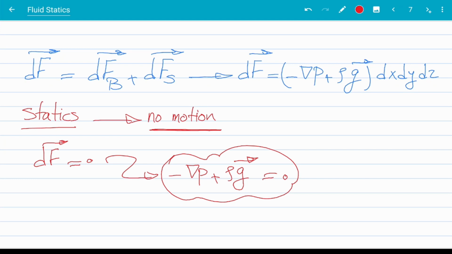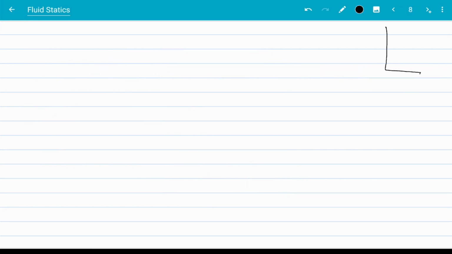Now keep in mind that this is a vector equation. So in a 3D space, let's say in a Cartesian coordinate system, this vector equation gives me a system of 3 equations. Let's check them out. So far, I have not made any assumptions regarding the direction of the gravitational acceleration. Now, let's say this is my coordinate system, this is y, this is x, and this is z, and this is again my fluid element.